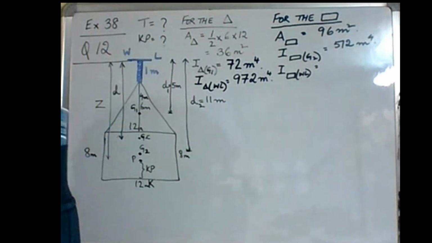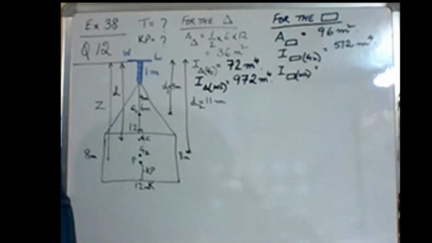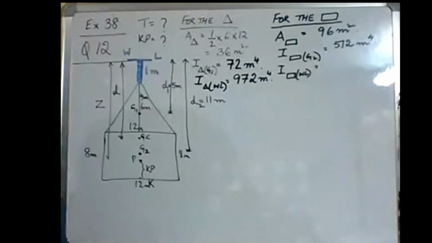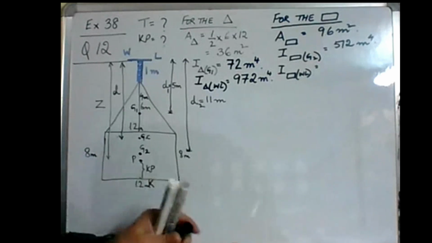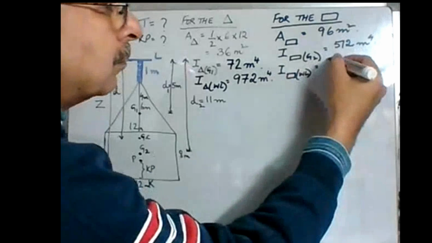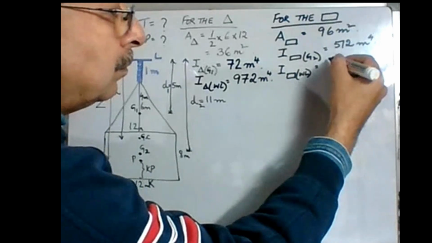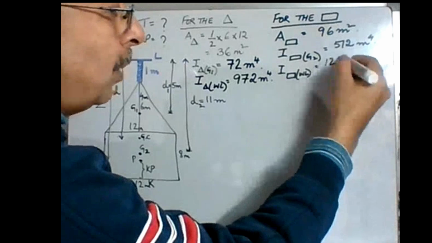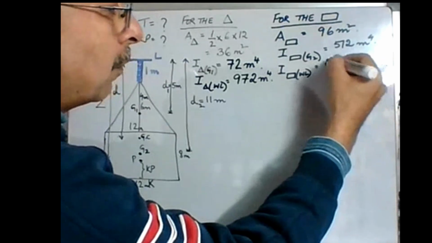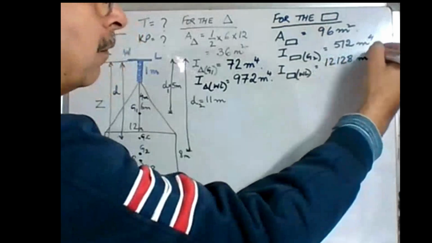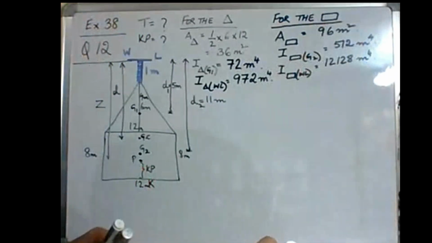So this will be equal to 512 plus 96 into 11 square. हाँ जी, 12128. Okay.